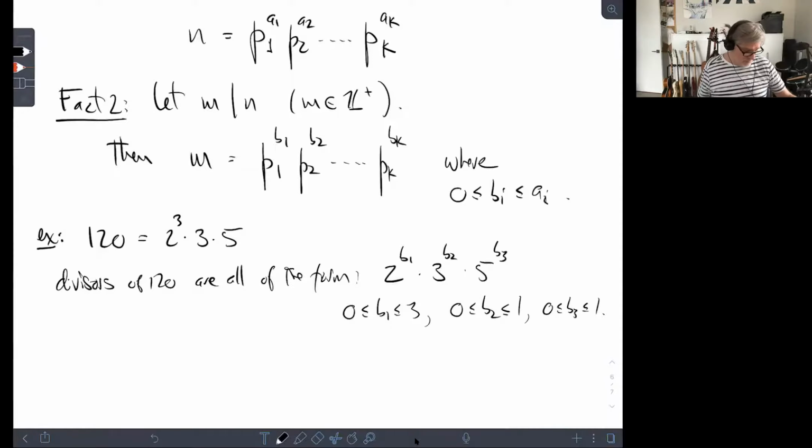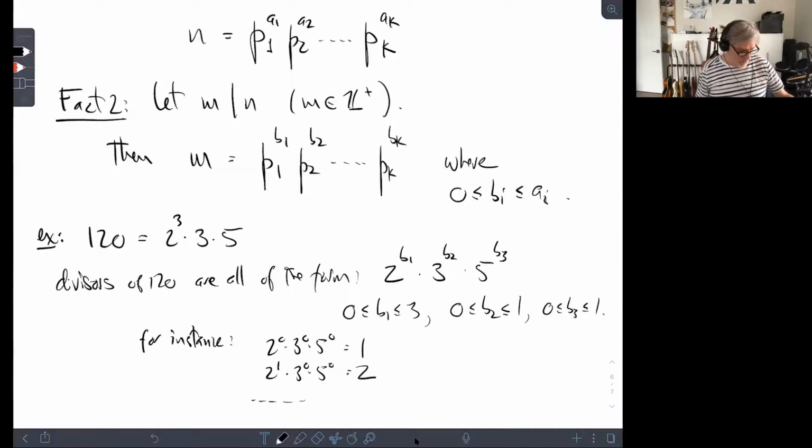For instance, if you take all zeros as exponents, this is 1. You can take a 1 here, that will be 2. Keep on going. There's a whole bunch of them.